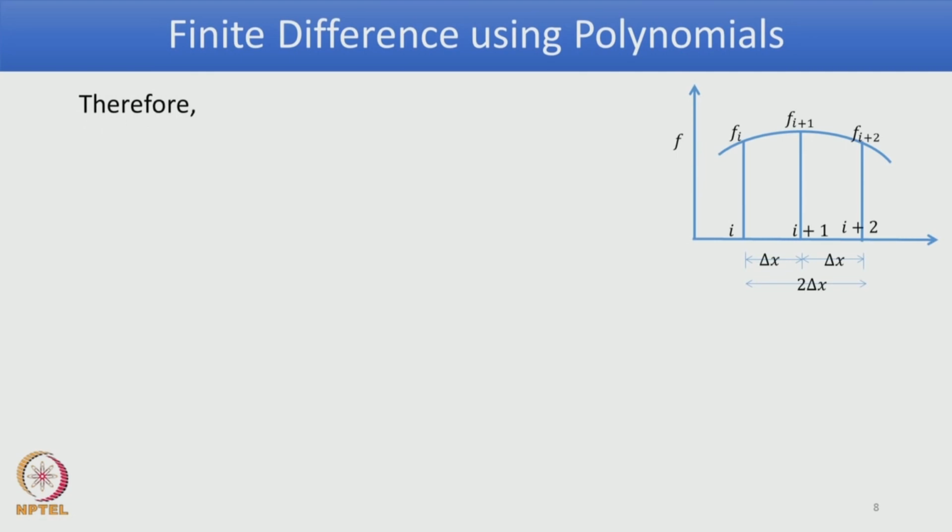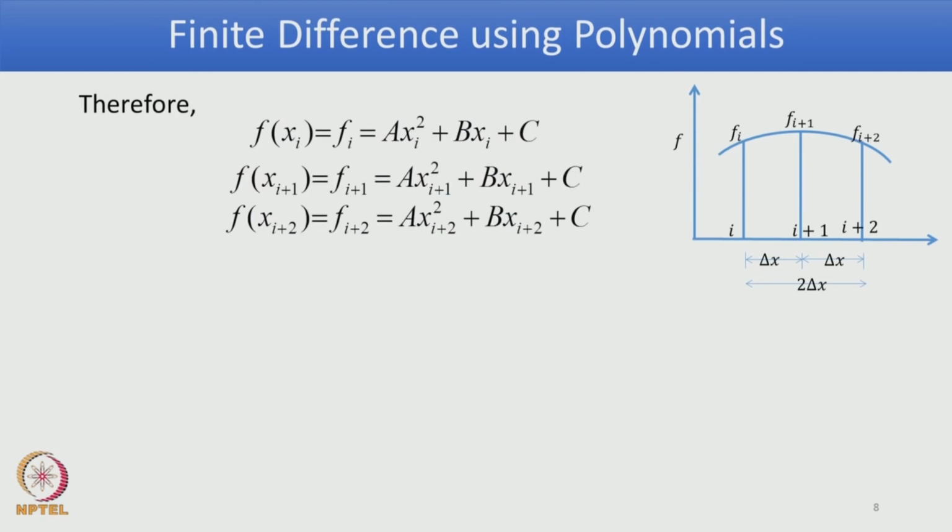We evaluate that quadratic polynomial function at 3 different points that we have shown: I, I plus 1, I plus 2. The same function is repeated for different nodal points: f of I is a x I squared plus b x I plus c, and similarly for f of I plus 1 and f of I plus 2.